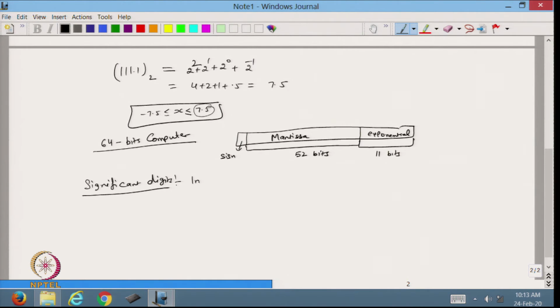In order to find the number of significant digits, we convert the number into floating point representation.